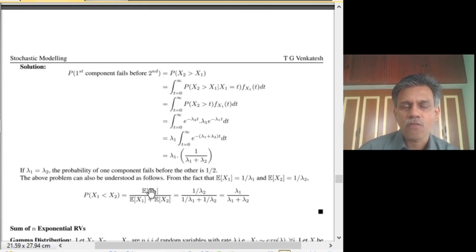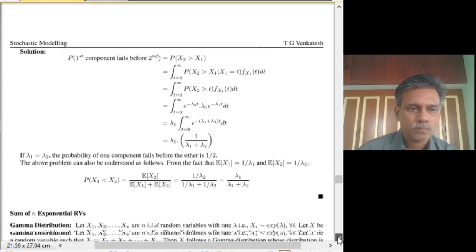So the ratio of how much x2 is less than in comparison with x1 is what we are interested in. So again, using that we can find the value as lambda 1 by (lambda 1 plus lambda 2).